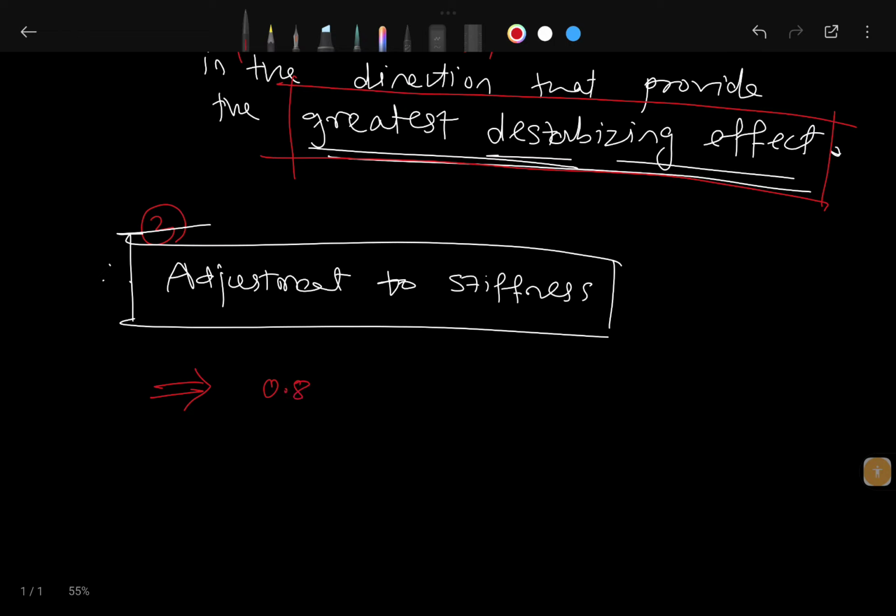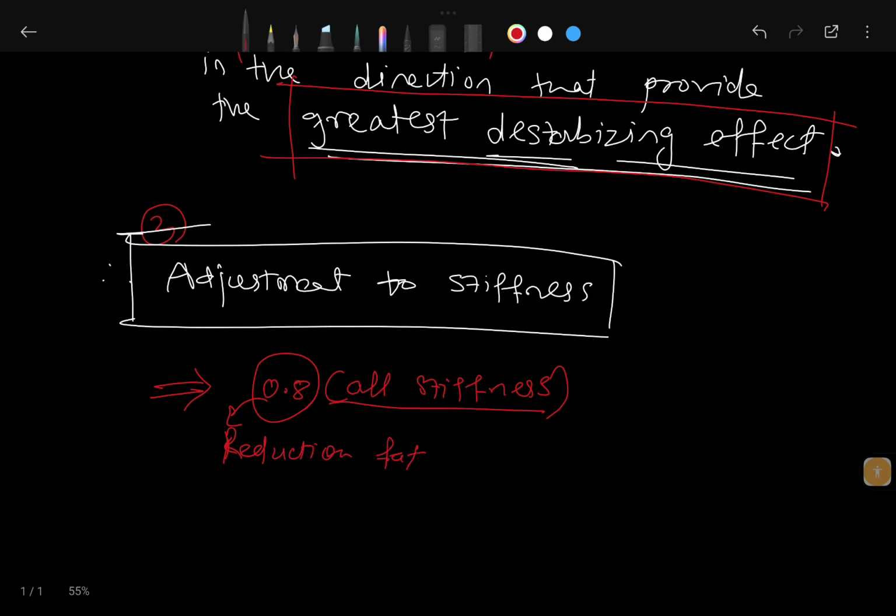Okay, applied to all the stiffness. It is permissible to apply this reduction factor to all stiffness.